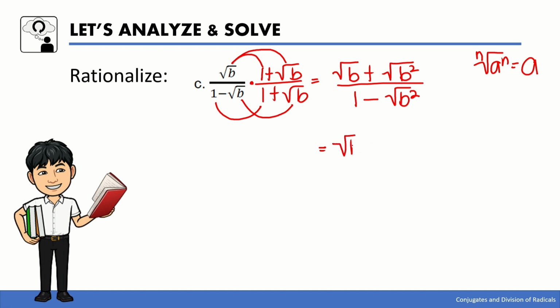So we have square root of b here plus, remember, the index and the power are the same, so we can cancel out. So that's only b all over 1 minus the same with this one, that is 1 minus b. And this is now our answer. Remember, radicals are in its simplest form if the denominator is free from radicals. So this is our final answer.